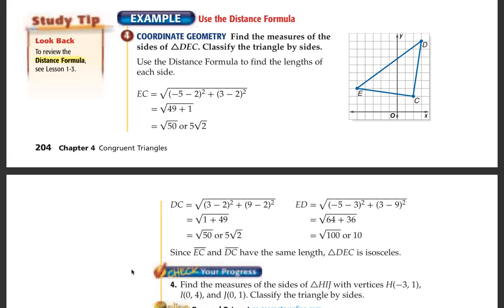You might ask, teacher, where do those numbers for E, C, and D come from? We don't see any numbers like -5, 3, -2, -2. Those are from the coordinates of E, C, and D. The author of this book already assumes that you know how to identify ordered pairs because you've been through your lower math courses already.